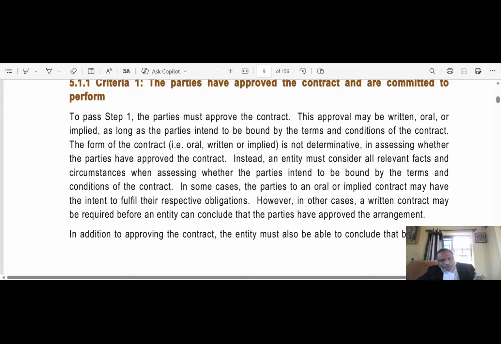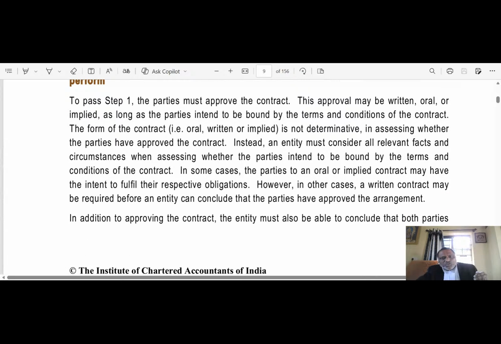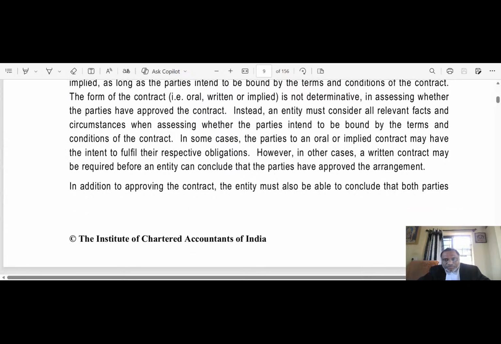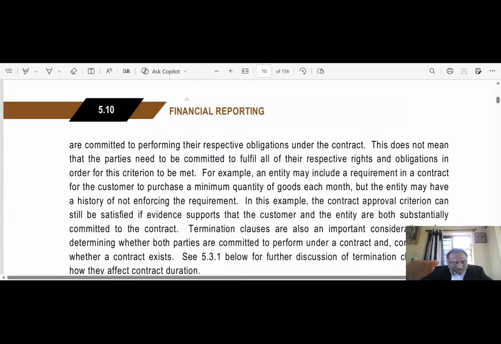In addition to approving the contract, the entity must also be able to conclude that both parties are committed to performing their respective obligations under the contract. This does not mean that parties need to be committed to fulfill all of their respective rights and obligations.